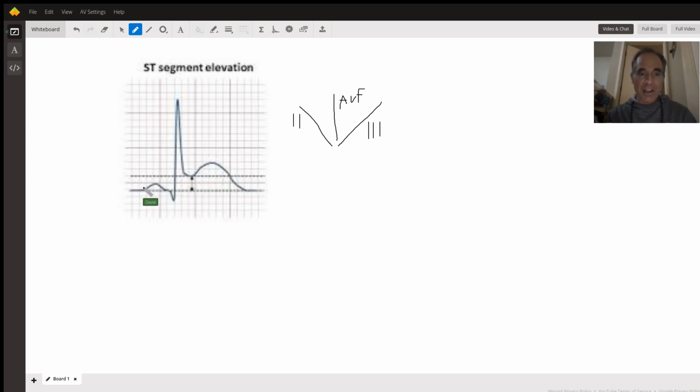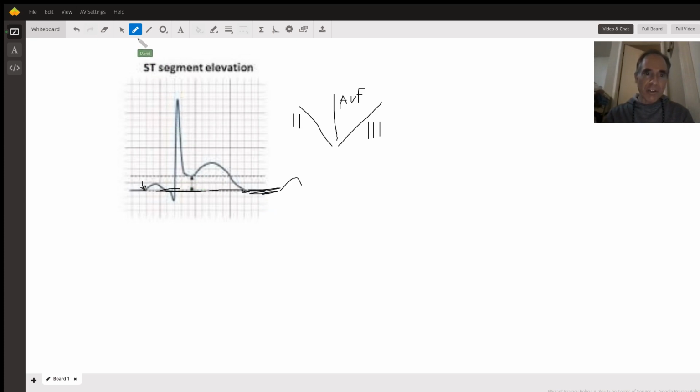Meaning, if you look at the segment between the end of the T wave here and the beginning of the P wave, which is here, or the next P wave here, that corresponds to your isoelectric line. And then you're looking for the J point.